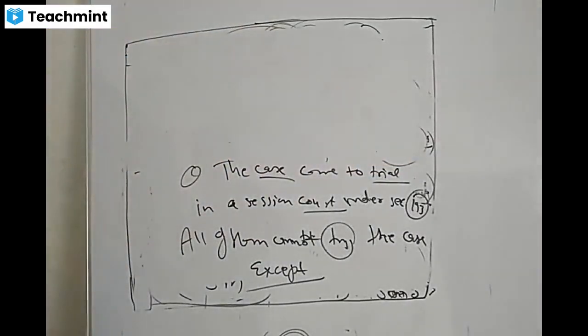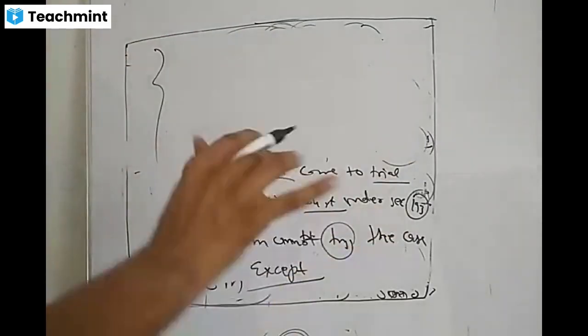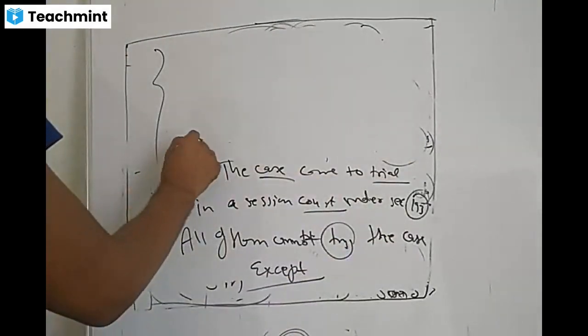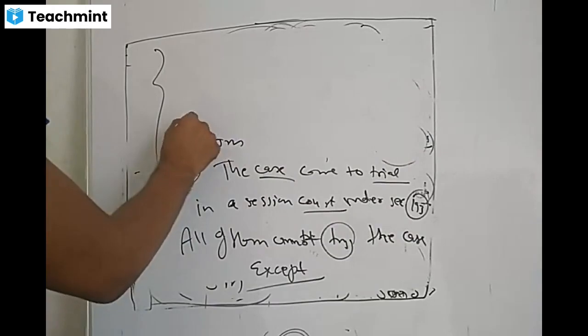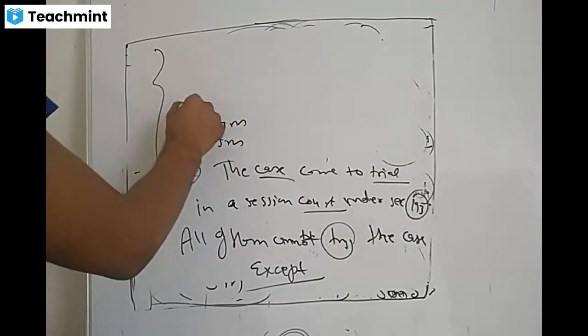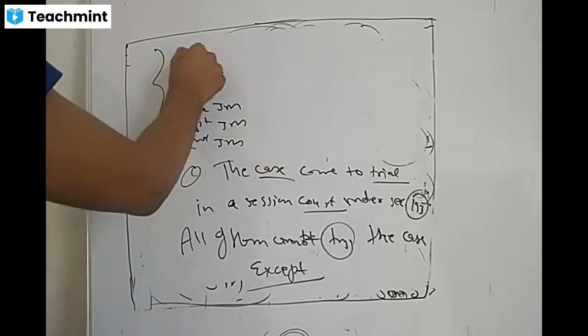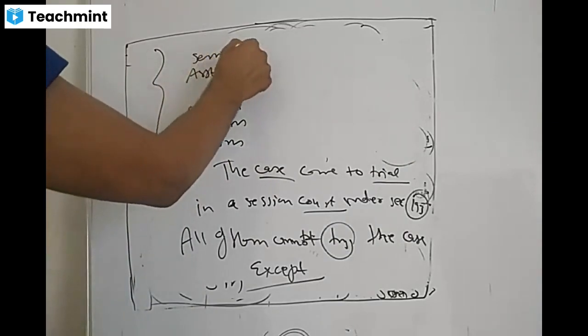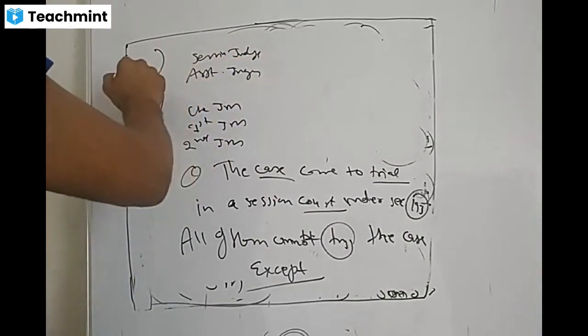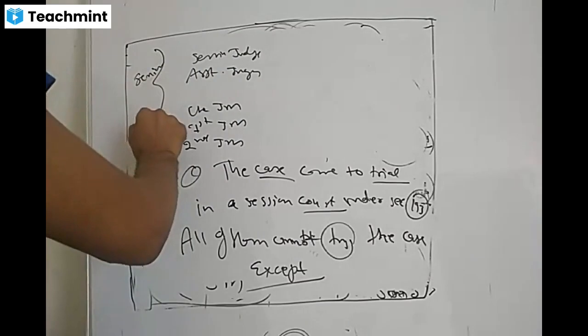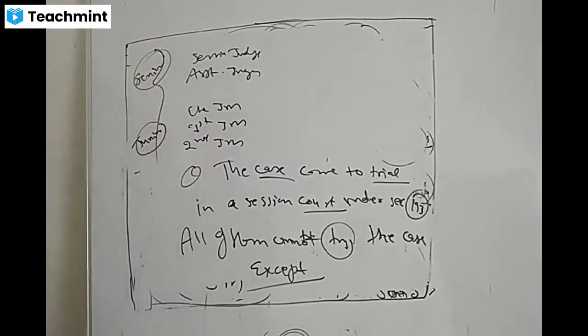If it comes to your session court, then there are three juniors: second JM, first JM, and your chief JM, then your assistant and your session judge. These are your seniors and these are juniors. So three junior, two senior.